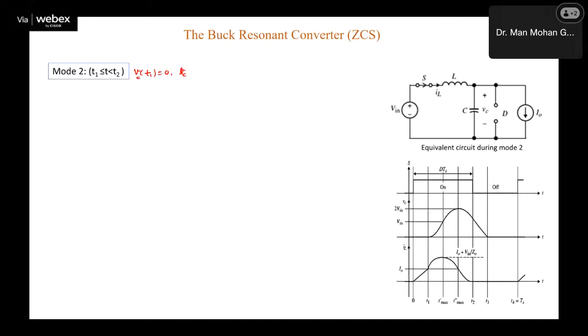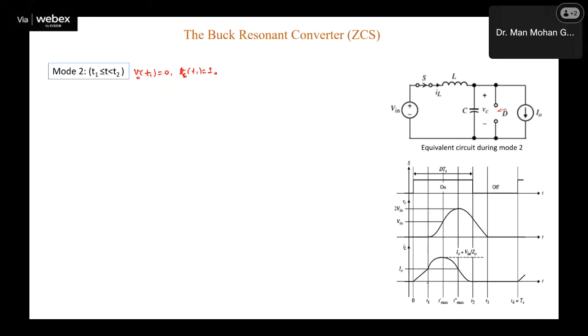And IL at T1 is I node. The diode is off, because current through it is now 0, it cannot carry negative current. Now this is the equivalent circuit for mode 2. In this circuit, you will see that the capacitor has come into the picture now. So the diode is open circuited. Now there will be a resonance between L and C.